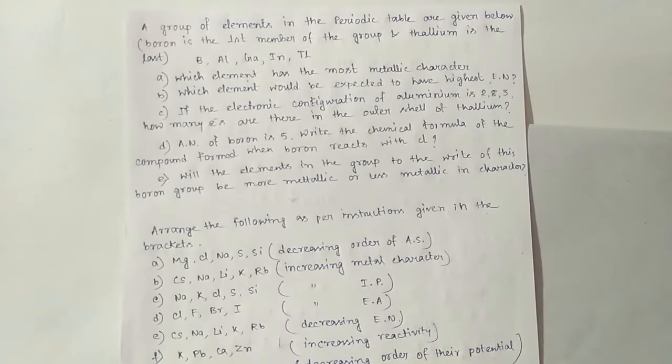So as we know that from boron to aluminium, gallium, indium, thallium, as the atomic size is increasing, the effective nuclear charge is also decreasing, and thus their tendency to attract the outermost shell electron pair towards itself is gradually decreasing.